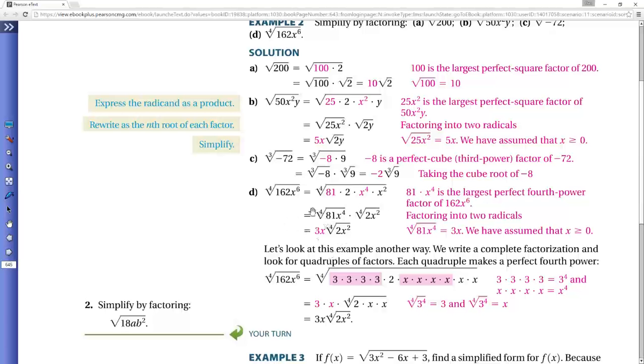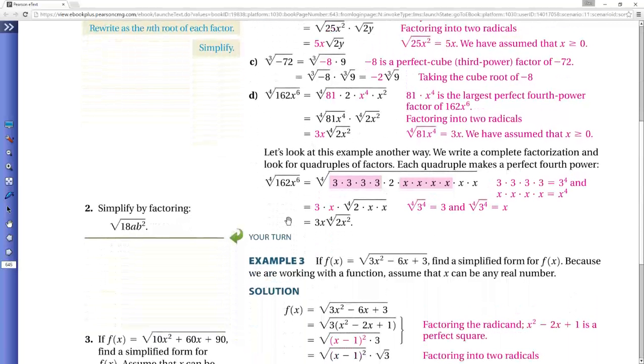But they do find these perfect fourth roots, right? And put those together, and then they end up with 3x, because 3 to the 4th power is 81. X to the 4th power is x to the 4th power, right? So we do the root and take it times what's left, and we end up with that.